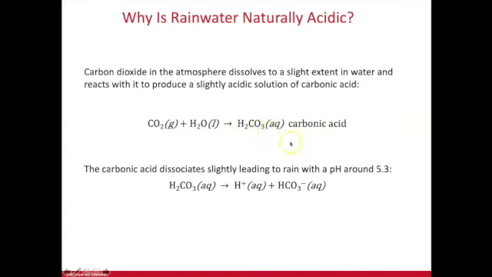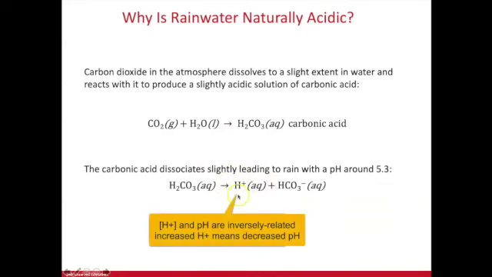Carbonic acid is a weak acid, and what strong acids and weak acids do is they dissociate. So this weak acid will break apart into the hydrogen ion, and this is bicarbonate, HCO3-. And the end result of these series of reactions is different from the ocean acidification, because what you have here is just increased hydrogen ion.